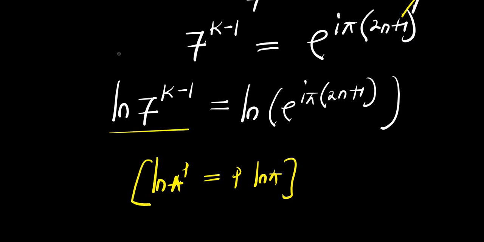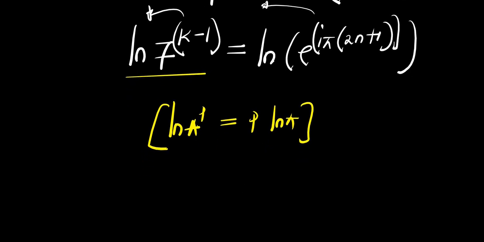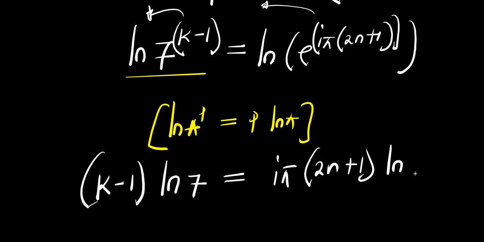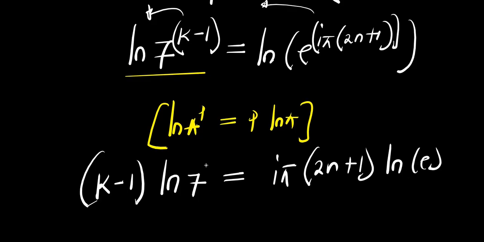Applying that here, this k minus 1 will come behind this, and the whole of this will come behind this. So we have k minus 1 times natural log of 7 equals i times pi times 2n plus 1 times natural log of e.